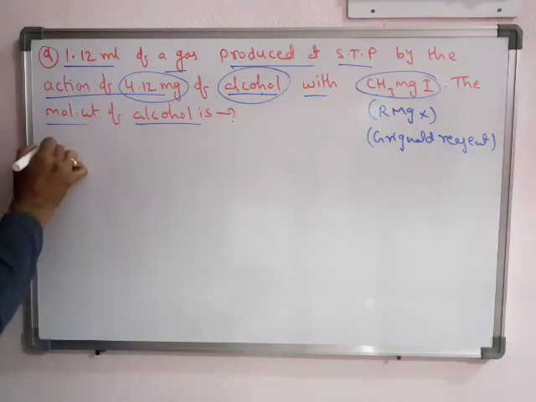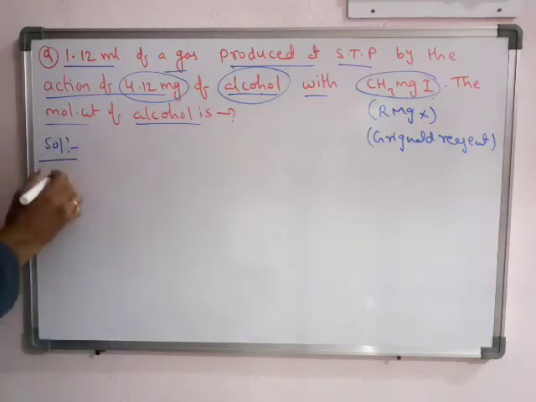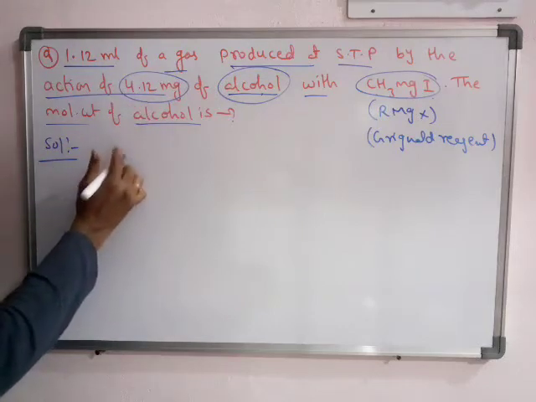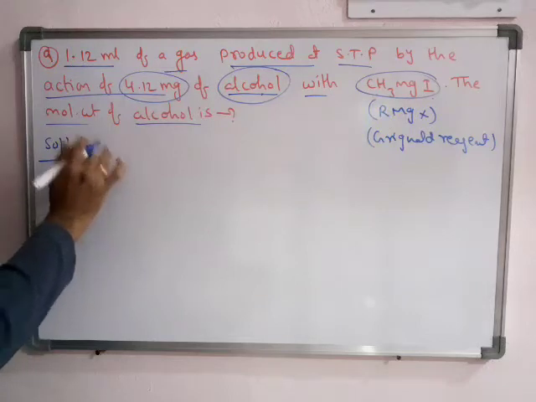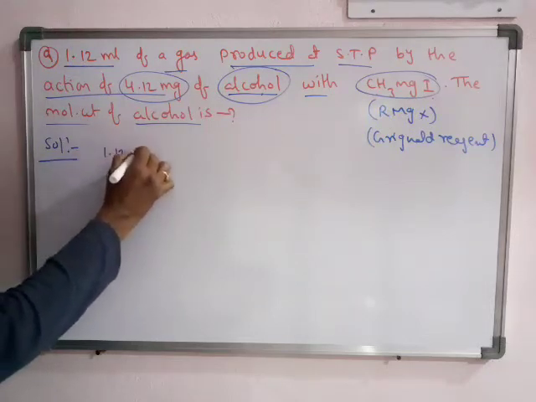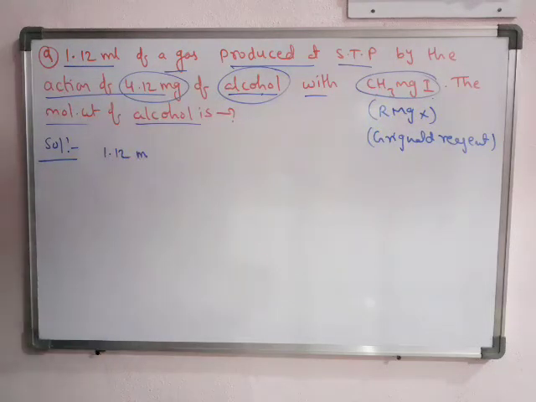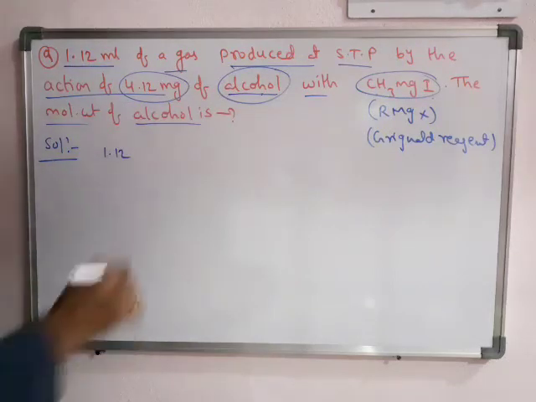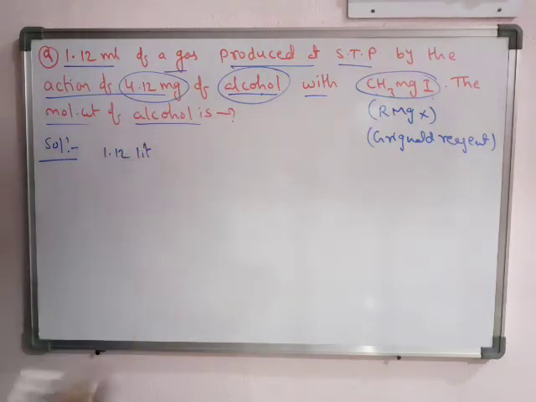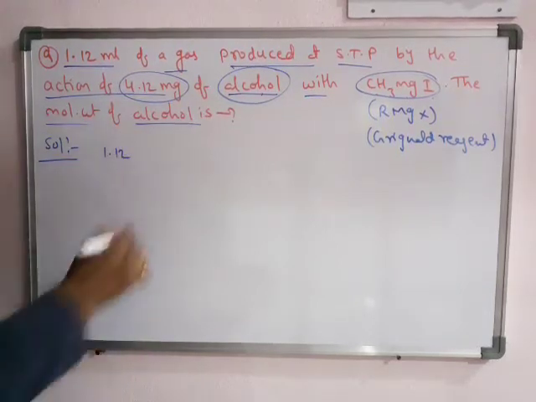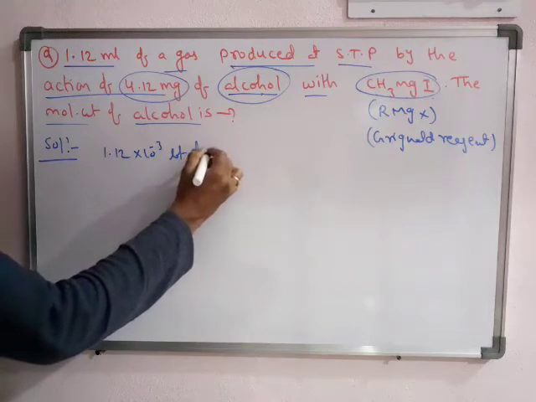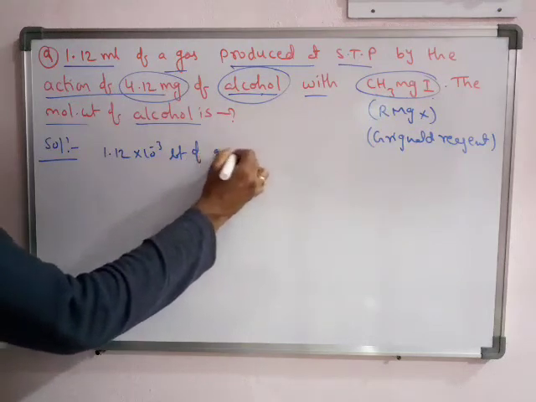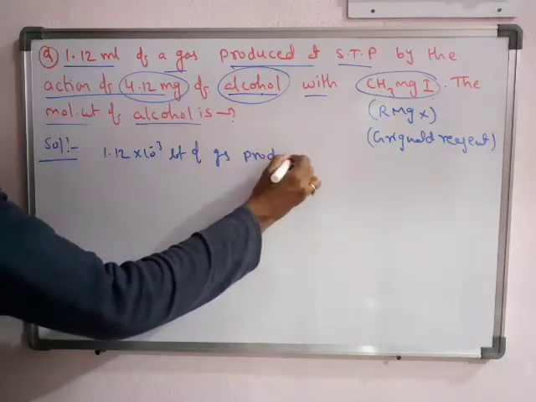We don't know the exact reaction, but we can conclude that 1.12 milliliters, so convert it into liters. So 1.12 liters of gas produced.